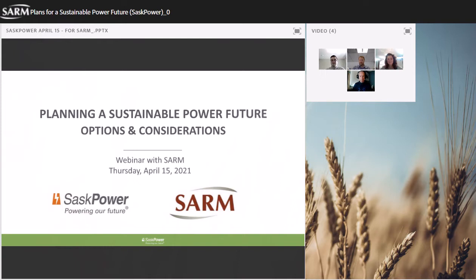SMRs support an aggressive deployment of renewables. We don't view SMRs as competing with renewables at all, at least right now. SMRs, compared to conventional reactors, are much more flexible in terms of load following, ramping the load up and down to follow renewables as they're available.